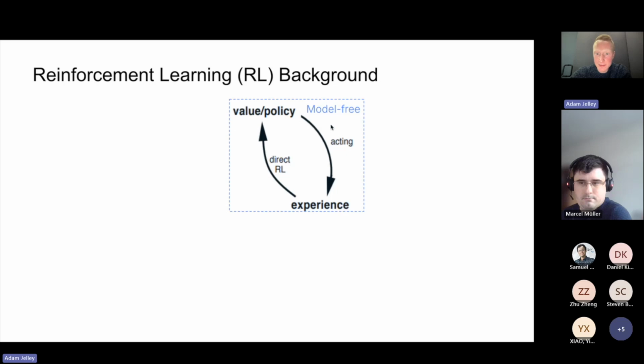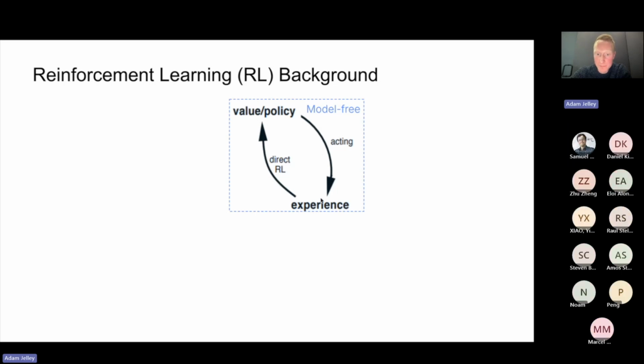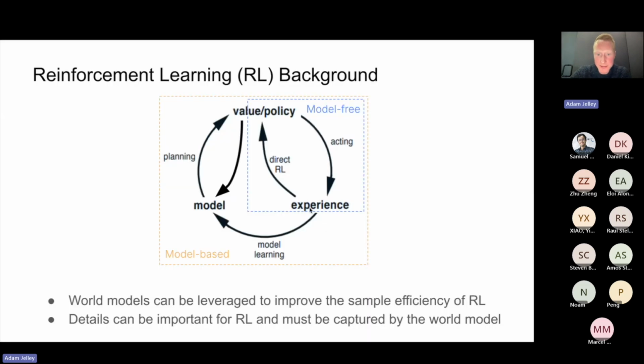Through repeating this many times, it can learn to improve its policy and receive more reward from the environment in the long term. But due to credit assignment and non-stationarity, that can be quite difficult. And so an alternative approach is to try and learn a model of the environment from that experience. Then the agent can interact with that model in simulation, for example, and learn a policy with much fewer samples from the actual environment.